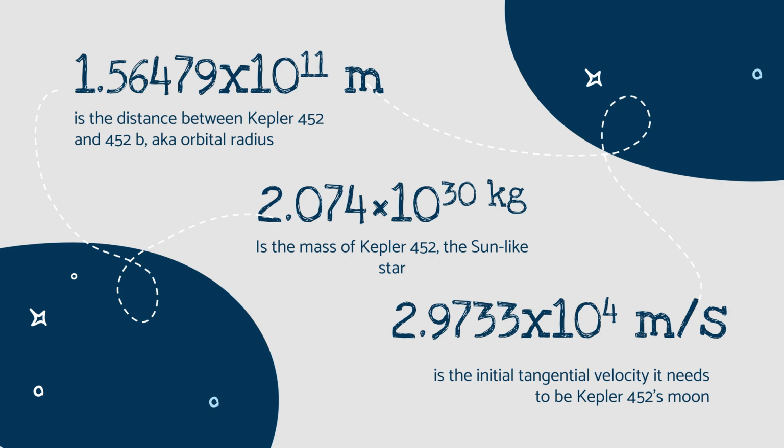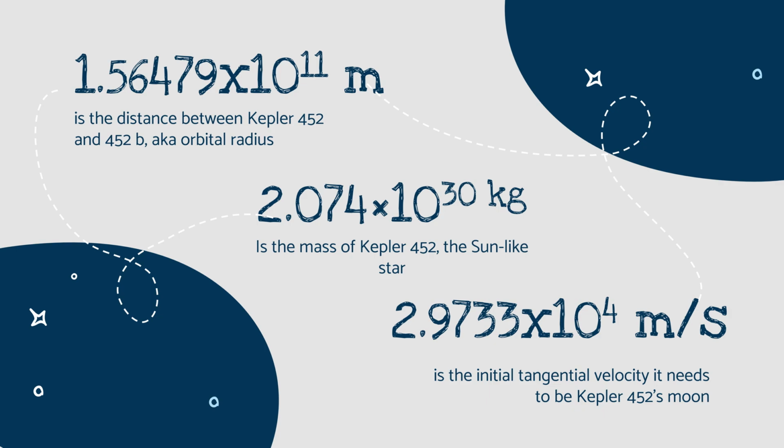So obviously the other reason that NASA called Kepler 452b the most Earth-like exoplanet is because of its almost identical similarities to the Sun and Earth relationship, because it's got pretty much the same distance, only like 0.04% off, and the mass is just 2 times bigger.